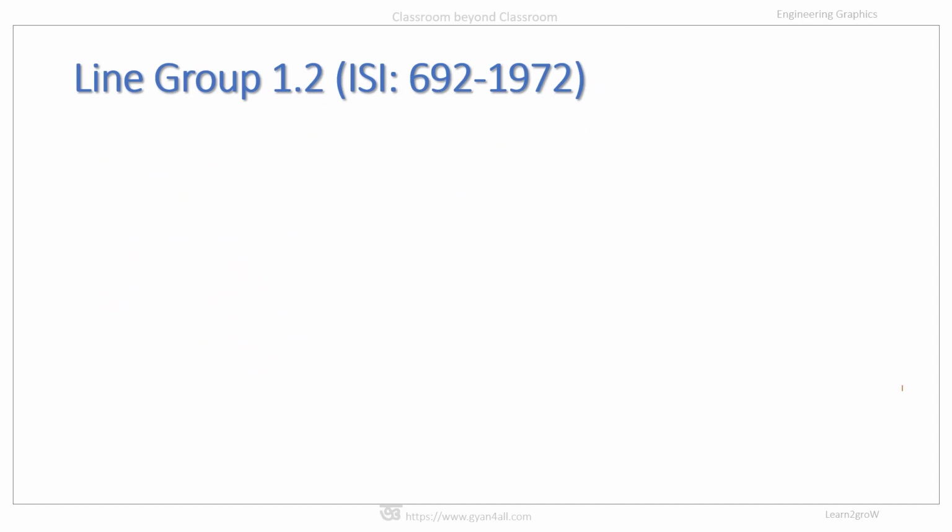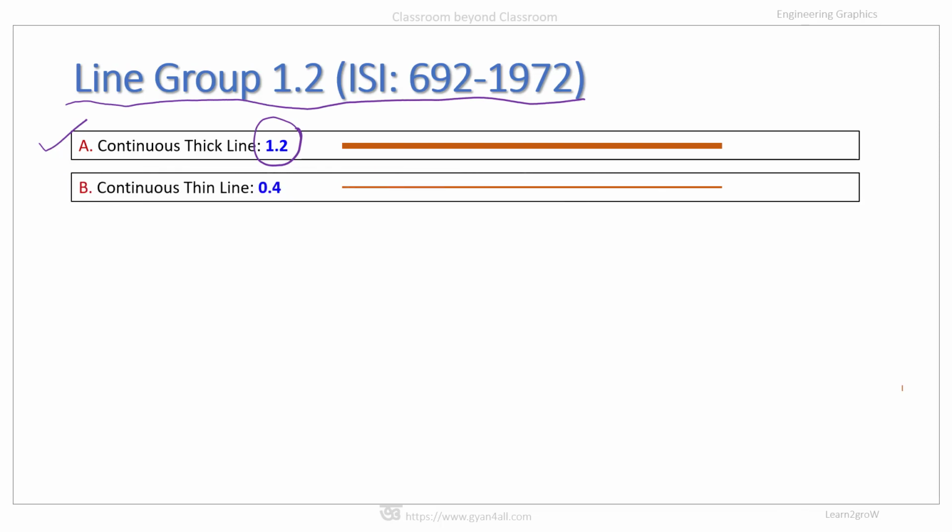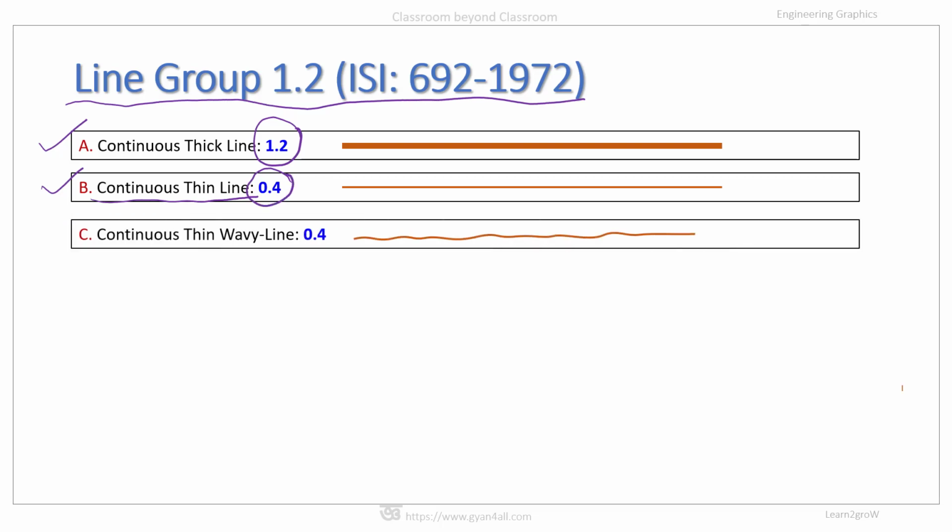As I have mentioned, as per ISI 1972, there are some groups of lines. This is called line group. First, we will discuss line group 1.2. That means the thickness of the lines and the line types are defined under this group. So a continuous thick line will have the thickness of 1.2 under this line group, and B type, that means continuous thin line, will have the thickness of 0.4 and so on.